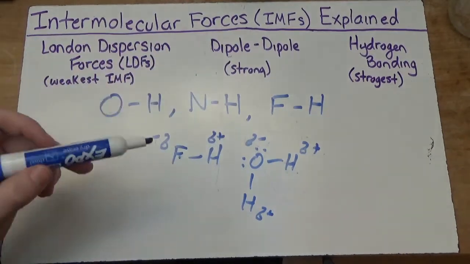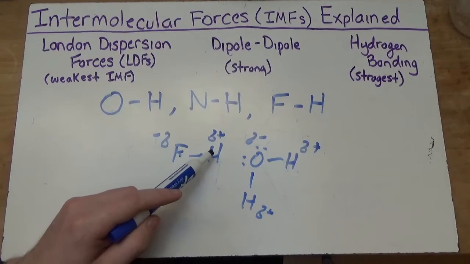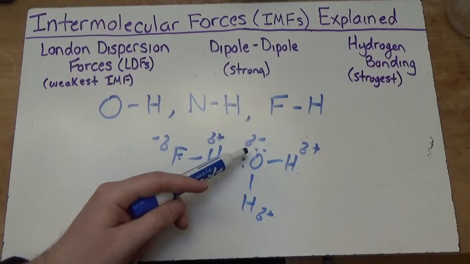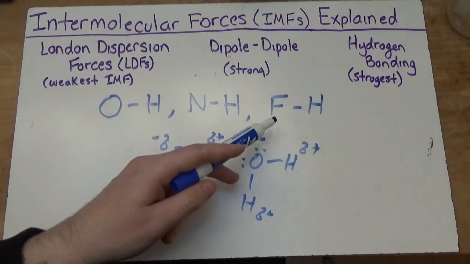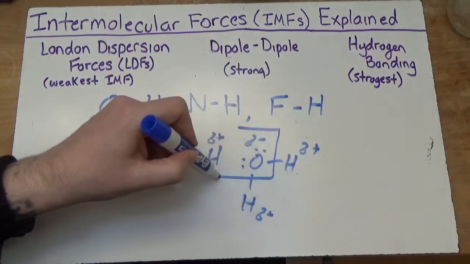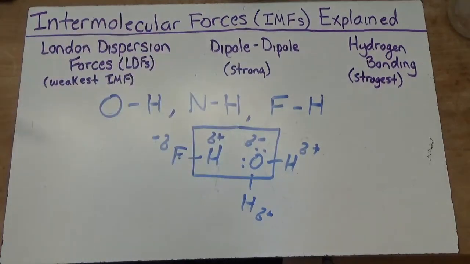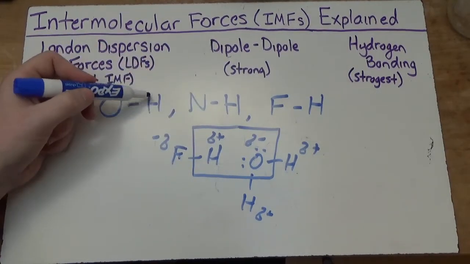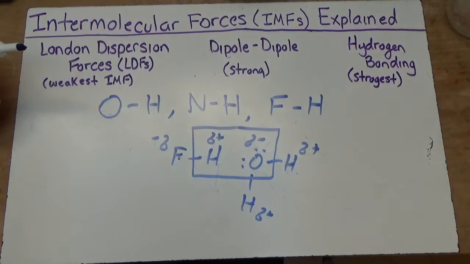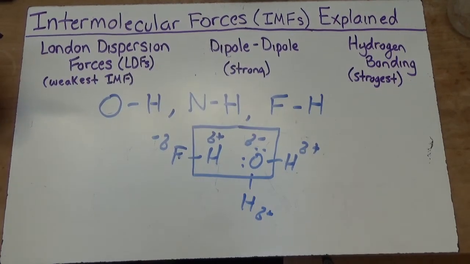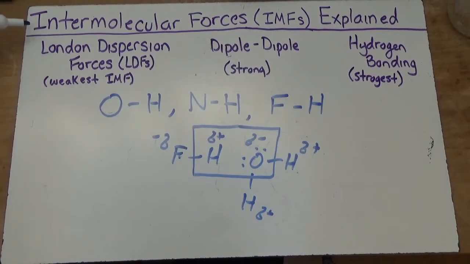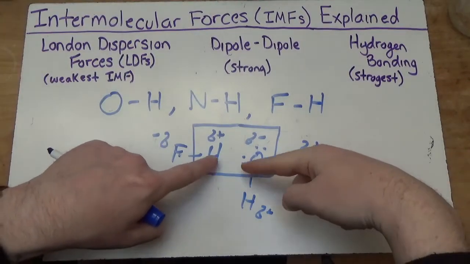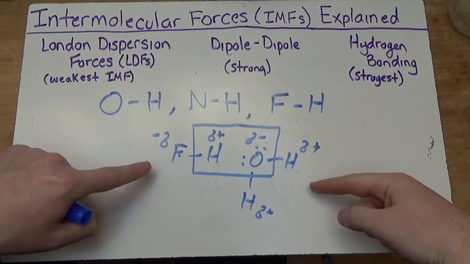And the interaction between a partial positive H that is bonded to an F, an N, or an O, and a partially negative O, N, or F bonded to an H, that is called a hydrogen bond. It is not these bonds, the O to the H or the N to the H. Those are single covalent bonds. A hydrogen bond, remember, is an intermolecular force. It is an attraction that exists between molecules.